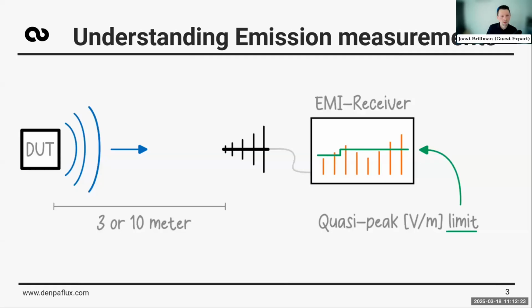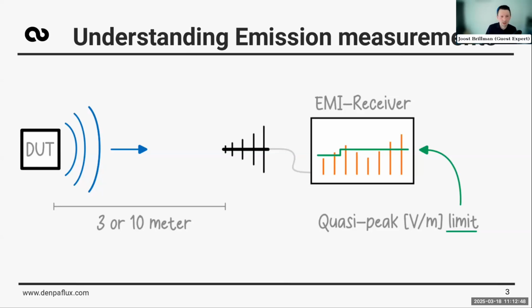This is a very high level overview of how such a test looks. On the left, you'll see your device under test. It could be a small product, it could be a larger product. And then at a certain distance, we'll place an antenna. That antenna picks up all the radio signals coming off your product.